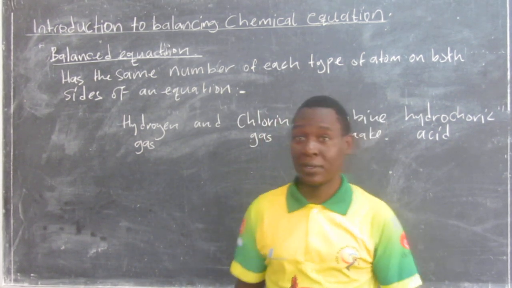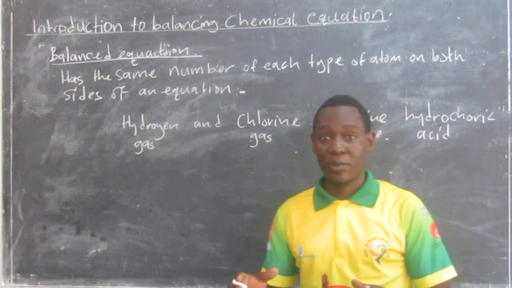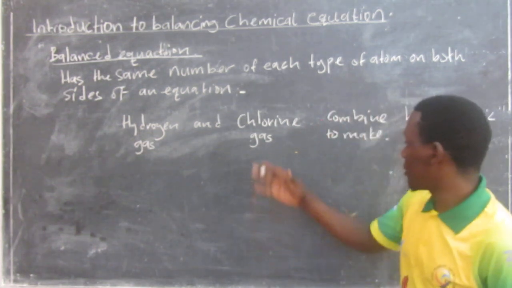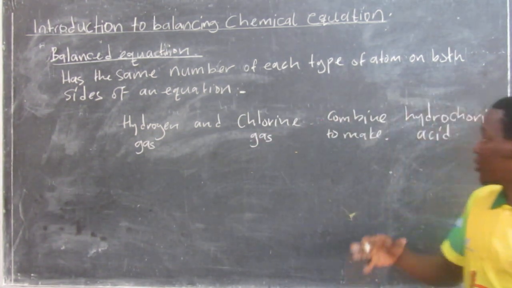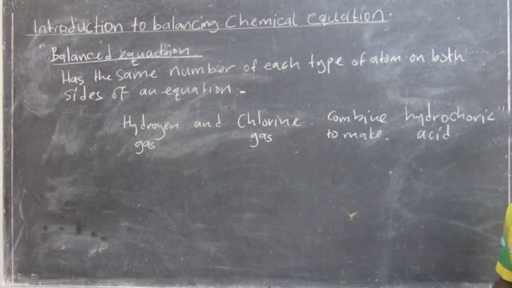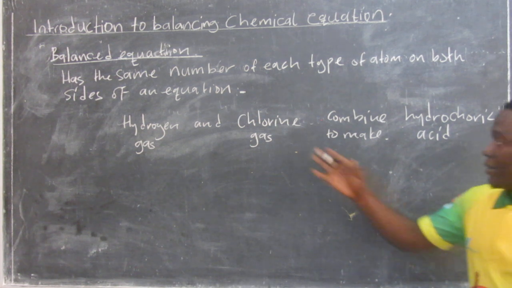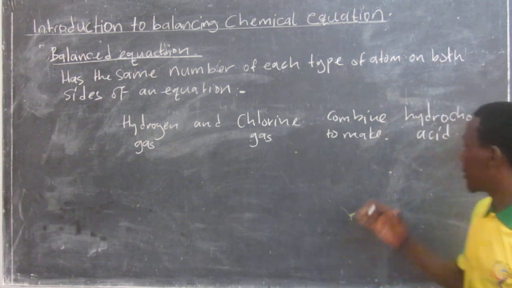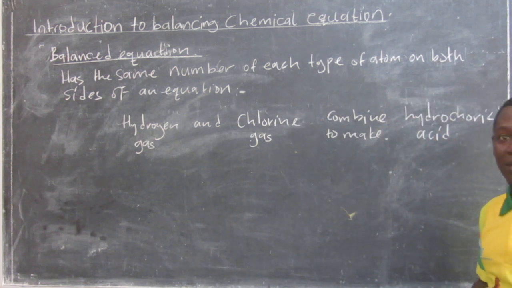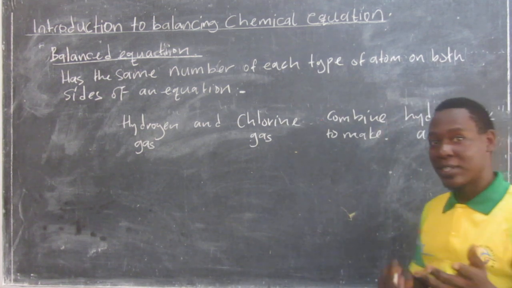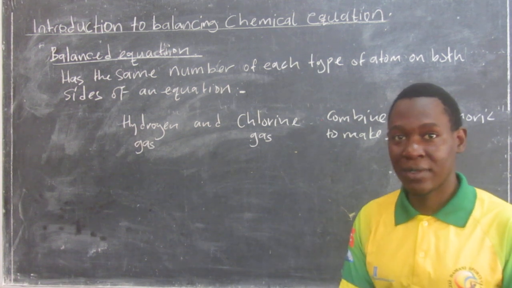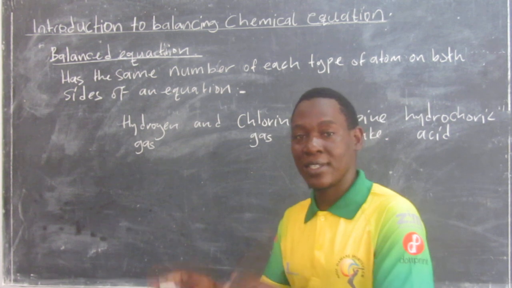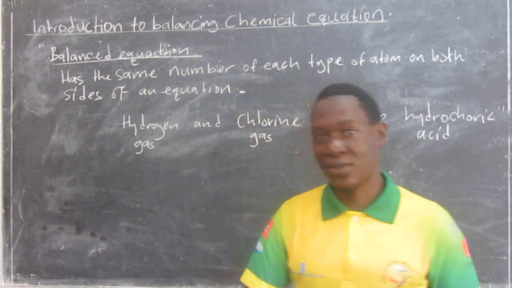The same thing here: you get your hydrogen gas and mix it with chlorine gas, and what you get is hydrochloric acid. Meaning that hydrogen and chlorine are the reactants, the things you mix so that you can get hydrochloric acid as the product. Sugar, water and tea leaves are the reactants; when you mix them, you get tea, the product of the other things you have mixed.